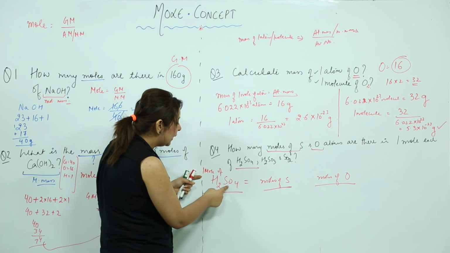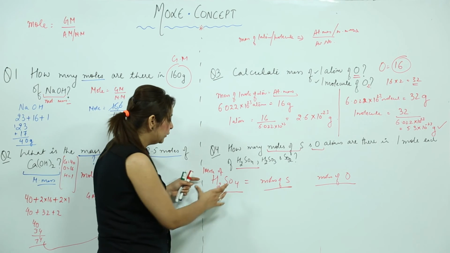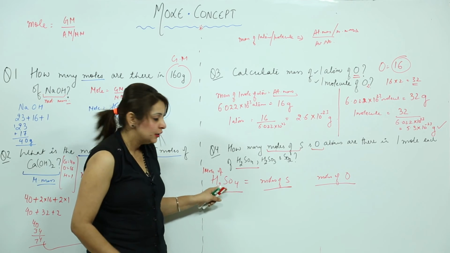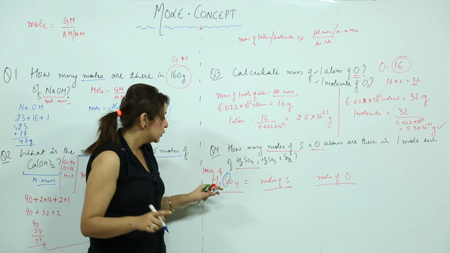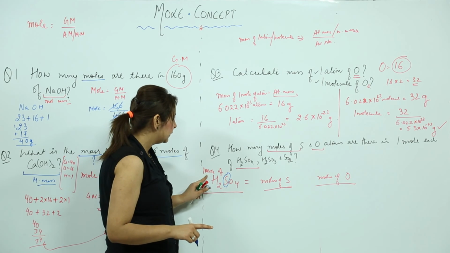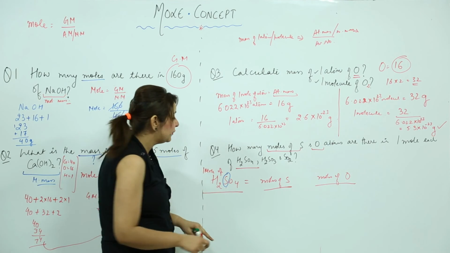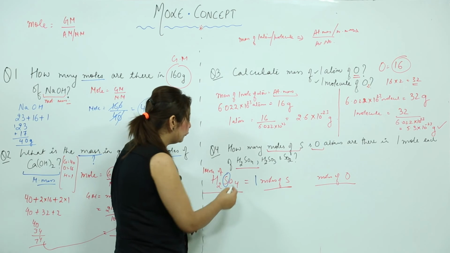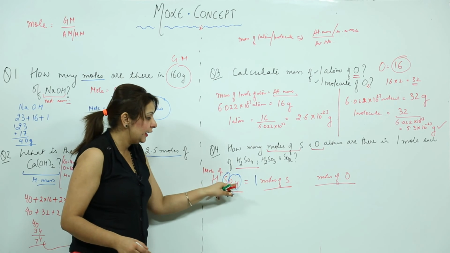So how many atoms do you get to see in this 1 mole of H2SO4? Or you can say in one molecule, how many S do you get to see? We get to see only one S. See, here only one S is present. So when there is 1 mole of H2SO4, how many moles of S are going to be present? 1 mole of S. And if I talk of O, how many O are present in this H2SO4?